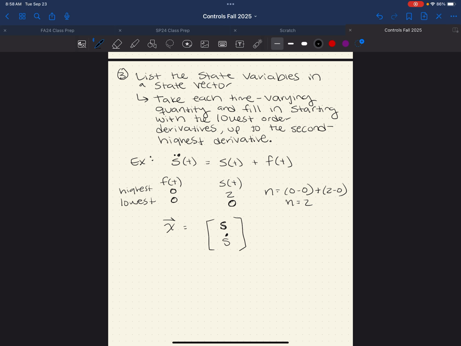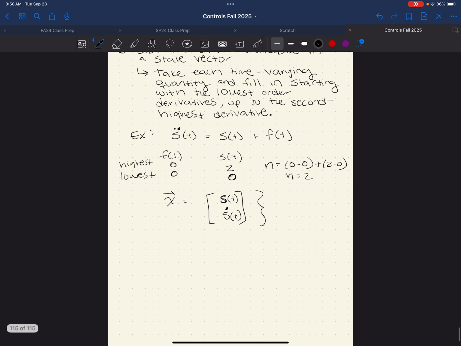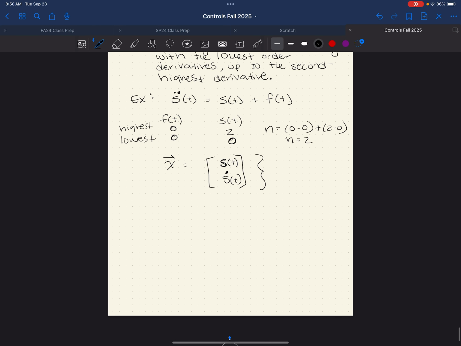Well, my lowest order f is the 0th order, no derivatives, but my highest order is also 0 derivatives, and I do not include the highest. So there are no f values in this vector, which is great because I've already filled out the 2 quantities that I know I needed. 2 quantities, and these are, of course, in terms of time. State space notation is a time domain representation.